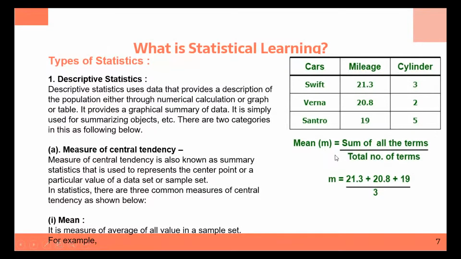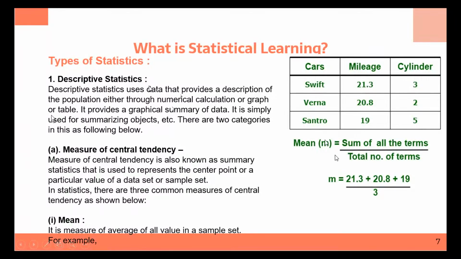We have a diagram here. Descriptive statistics uses data that provides a description of a population, either through a numerical calculation, a graph, or a table. So what are we saying?